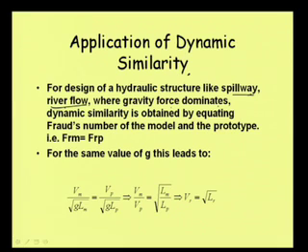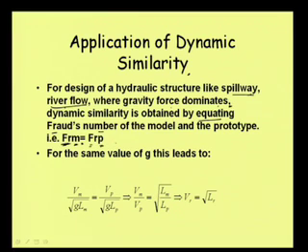Gravity force dominates means, for maintaining dynamic similarity, we need to equate the Froude number of the model and the prototype. That means if Fr is the Froude number, then Fr of the model should be equal to Fr of the prototype.